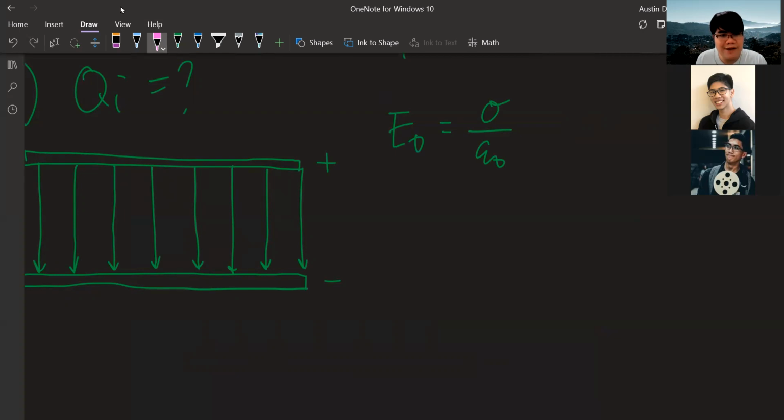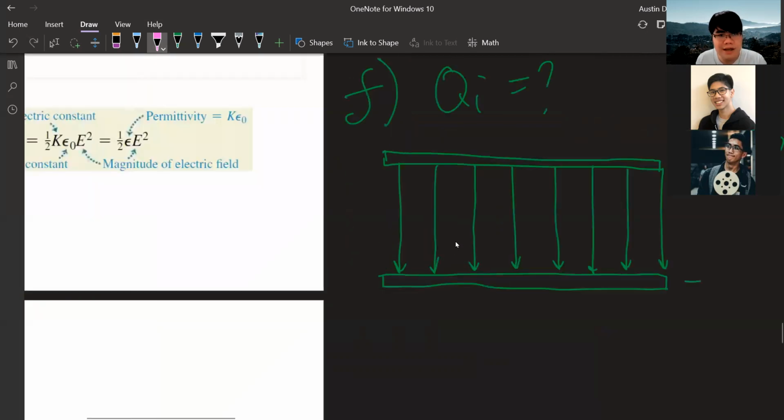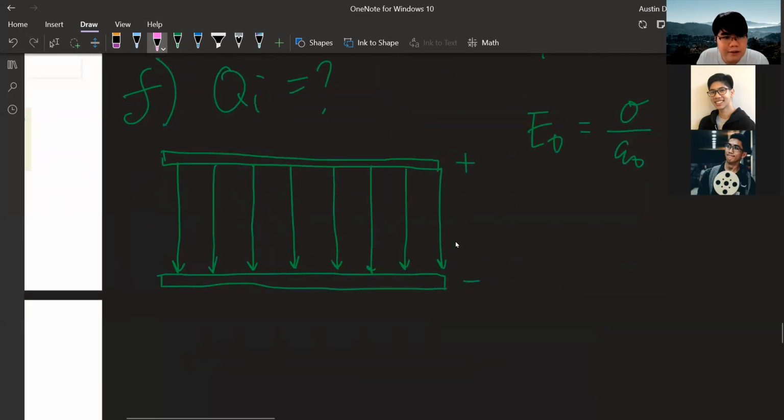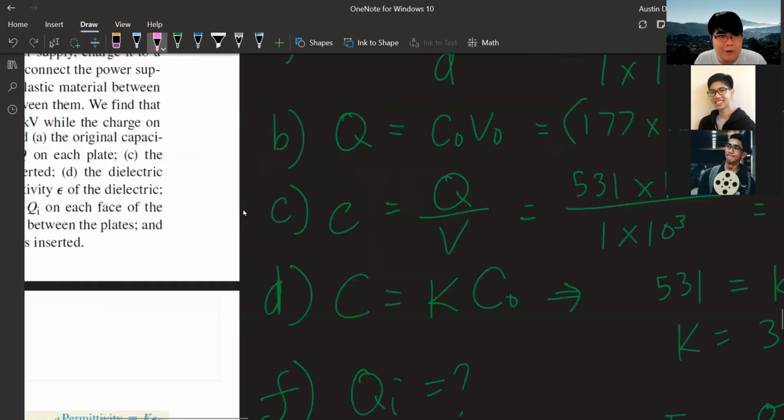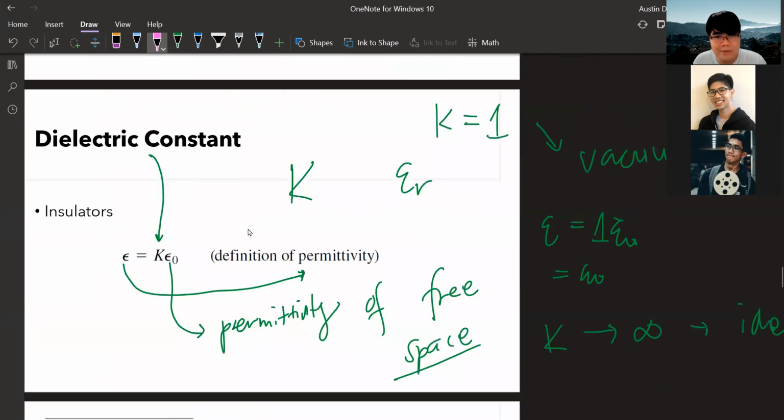Now we have inserted a dielectric inside this material. So yung pink yung dielectric, yung plastic na nilagay mo. Okay? So you have that. And nakita nga natin yung effect ng polarization doon sa material, di ba?